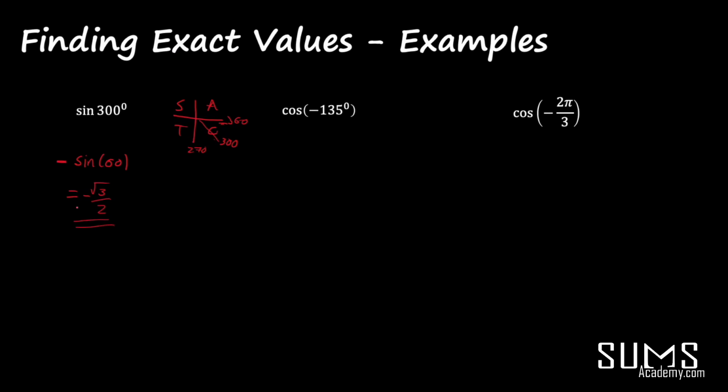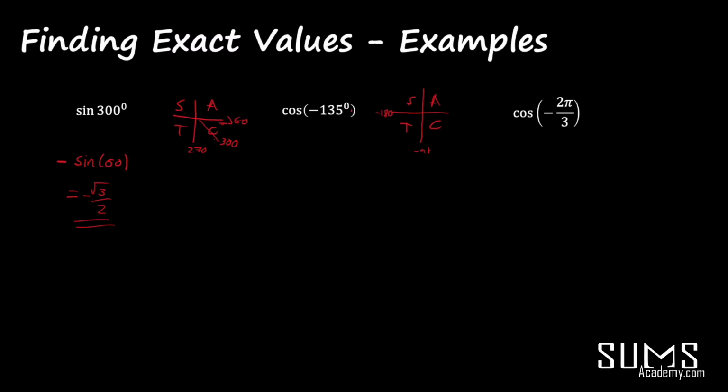Okay, but what if we're given a negative angle? All right, a negative angle. Again, you want to really draw out your CAST diagram and get really comfortable doing this. So a positive angle you measure this way, a negative angle you want to measure the opposite way. This would be negative 90, this is negative 180.